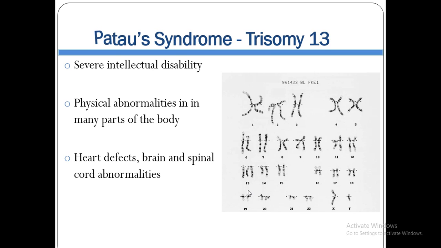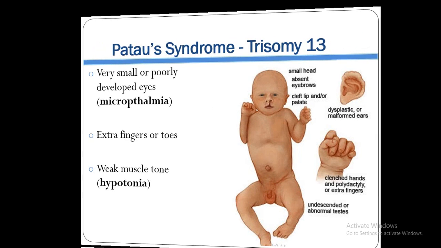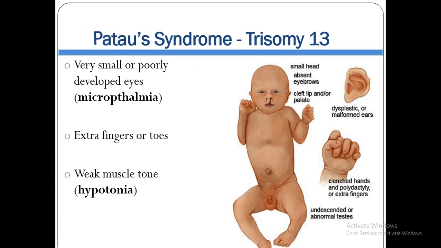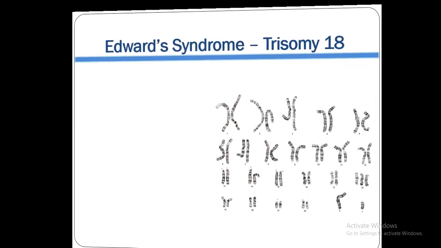Individuals diagnosed with Patau syndrome have severe intellectual disability and physical abnormalities in many parts of the body. They have heart defects, brain and spinal cord abnormalities, and the occurrence of a cleft lip or a cleft palate. Those are the main characteristics of Patau syndrome.